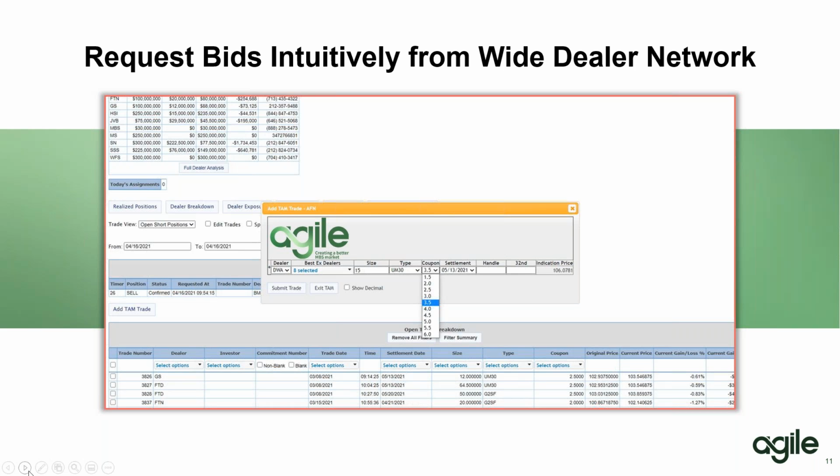But I want to be clear about the flexibility. Curtis talked about how this is a platform for competitive and non-competitive bidding. You don't need to best-ex your trade, and there are a lot of different reasons why you might not. There are broker dealers who have different margin requirements. Some call margin very little or never.